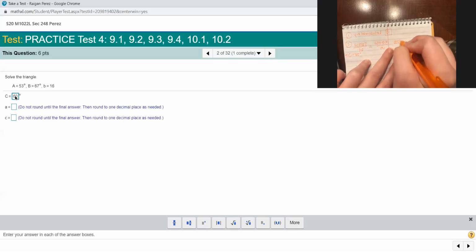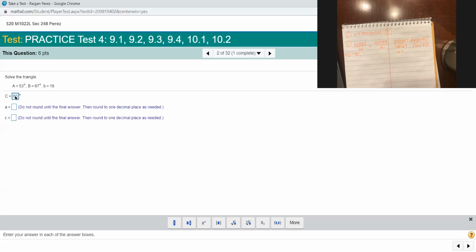A times sine of 67 is equal to 16 times sine of 53 divided by sine of 67. So A equals, I'm going to put this in the calculator, but I'm going to put this in parentheses, then divided by this in parentheses just to make sure it does correct order of operations.